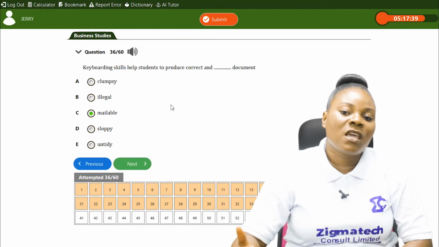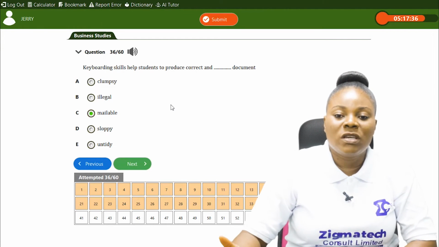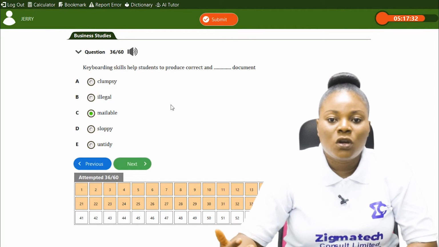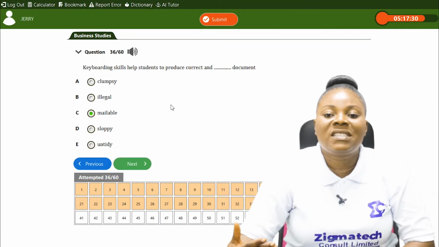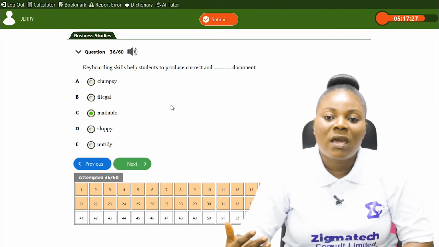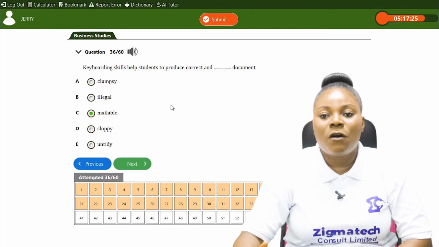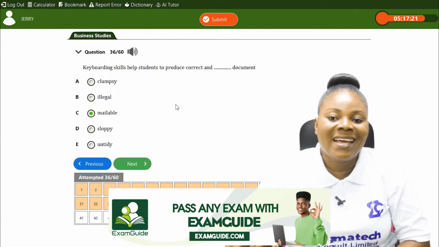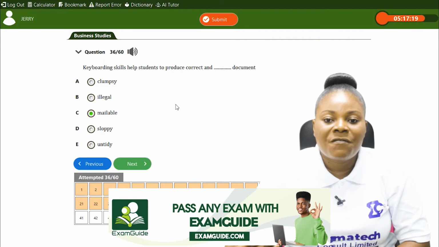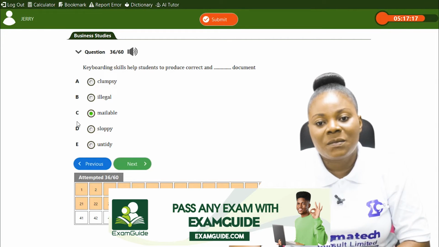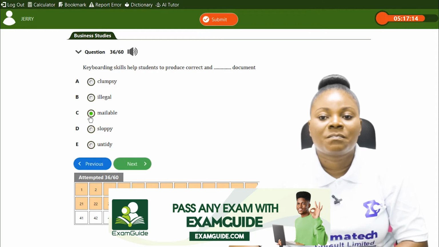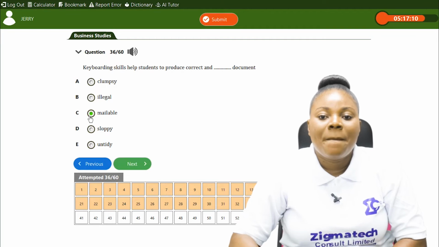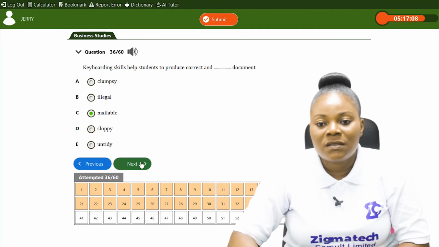Keyboarding skill ensures that your work is neat, tidy, more presentable, and okay for mailing or for presentation. It gives you a clean, correct, error-free document. So the answer is option C. It helps you to produce correct and mailable documents.